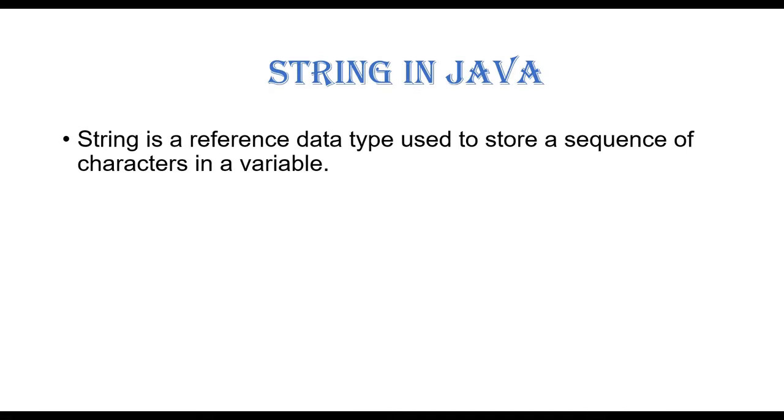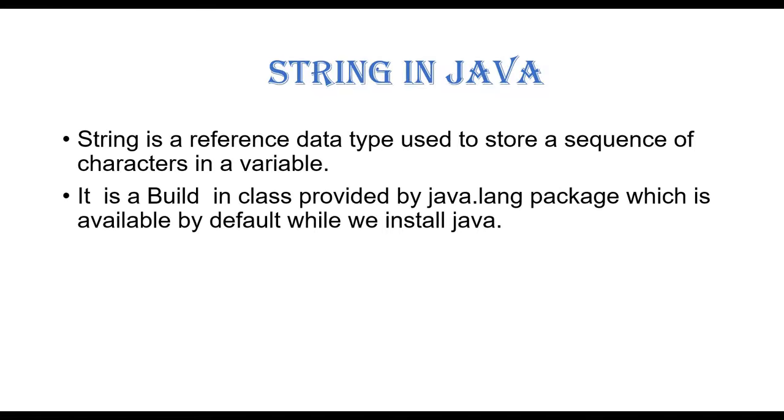As we write char c equal to 'a', I write String s equal to "hello". In this way we are storing a sequence of characters inside a variable. So string is actually a reference data type.